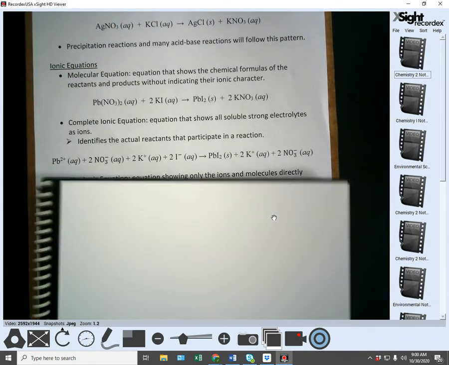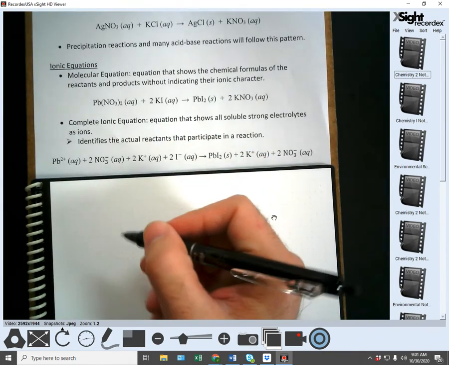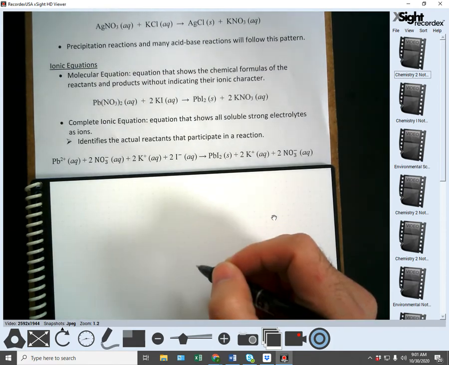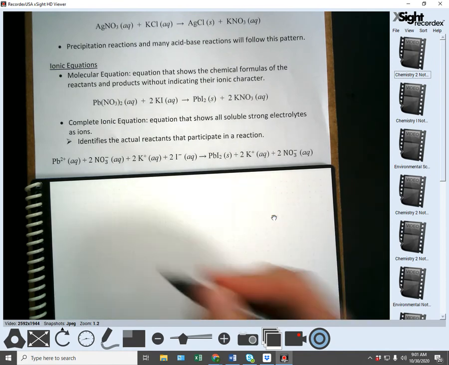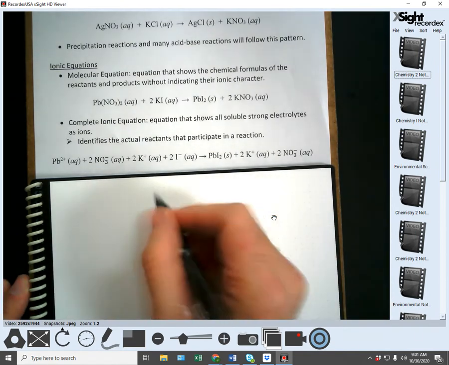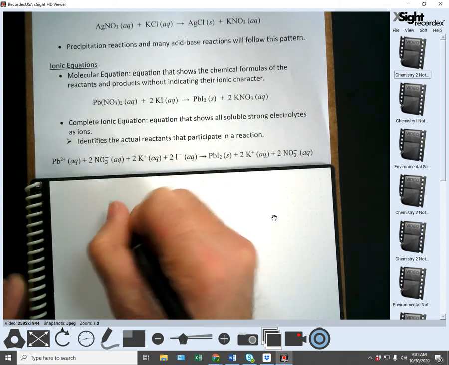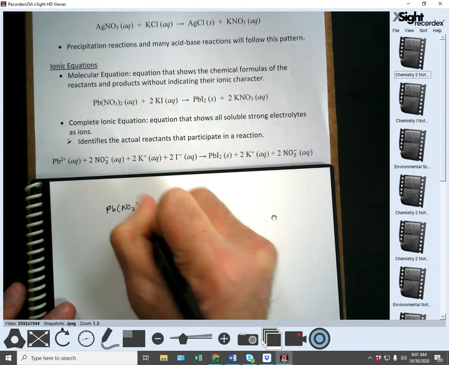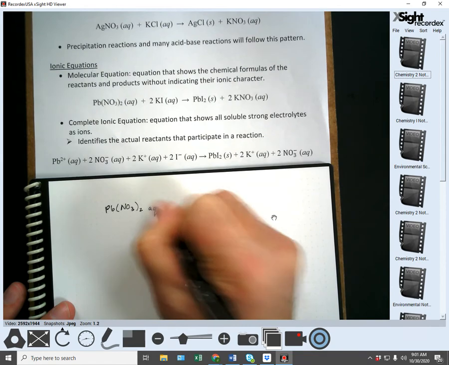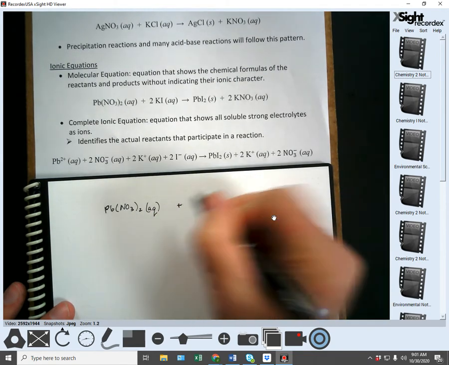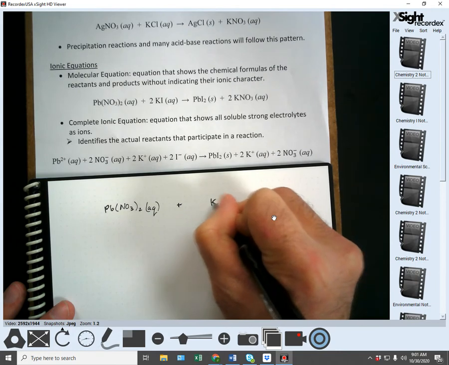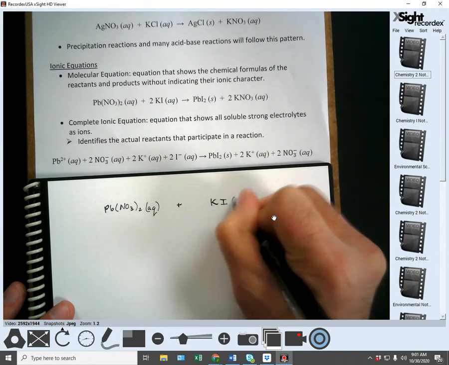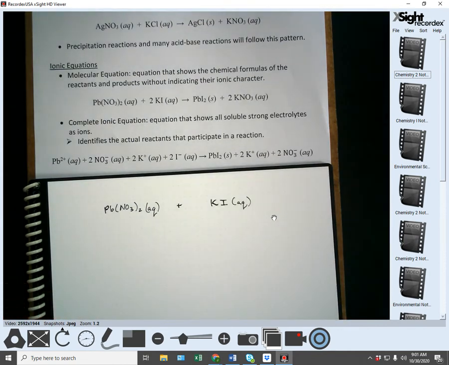If I were to take this equation, so I'm going to draw the Pb(NO3)2.